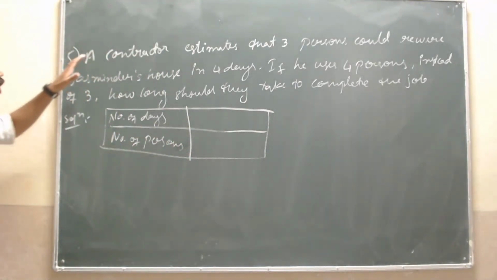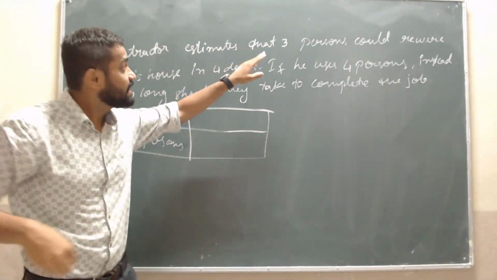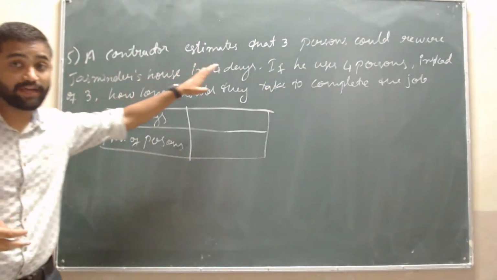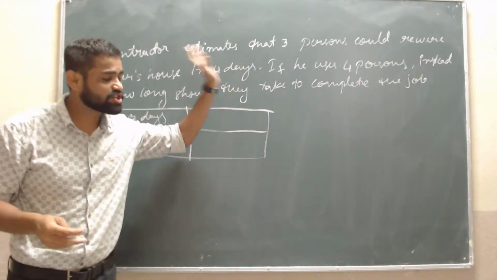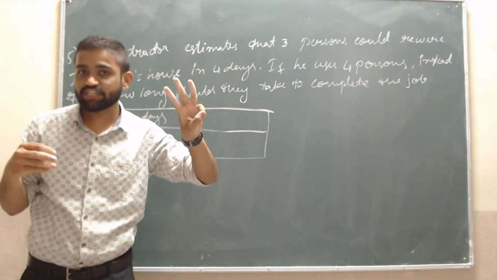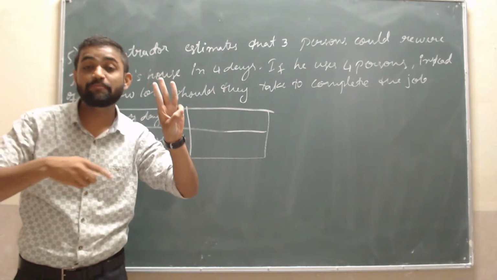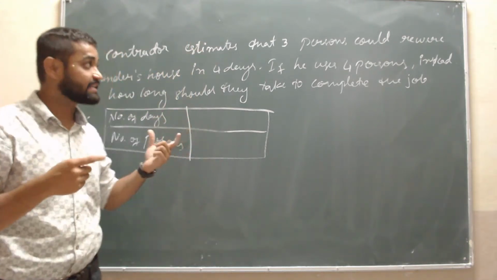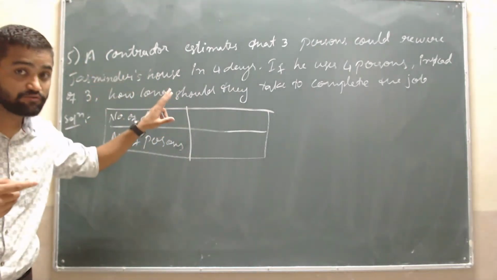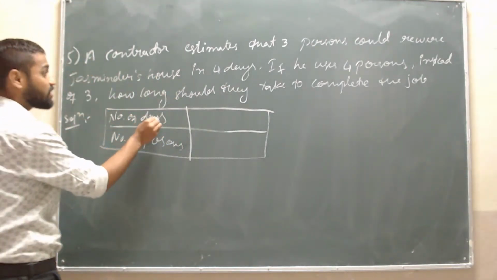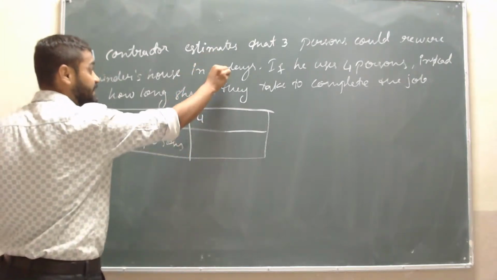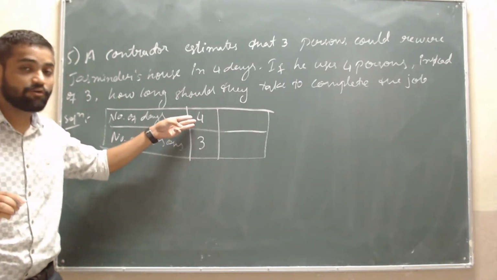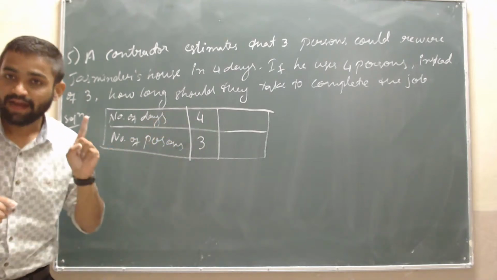A contractor estimates that 3 persons could rewire Jasminder's house in 4 days. Just like here, 3 members will complete the work in 4 days. Are you getting my point?